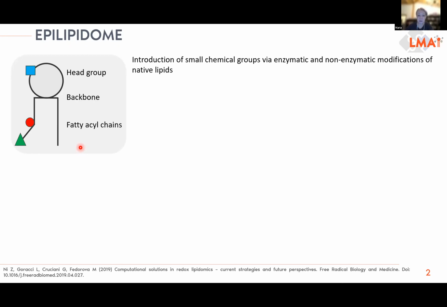Just to give you a few examples, and I guess you know some of them already. Here we have a typical lipid, PAPE, which has an ethanolamine head group and two fatty acid chains. Like usual, one would be saturated palmitic acid, and the second one would be arachidonic acid, an unsaturated one. So this lipid can undergo a whole variety of different modifications.